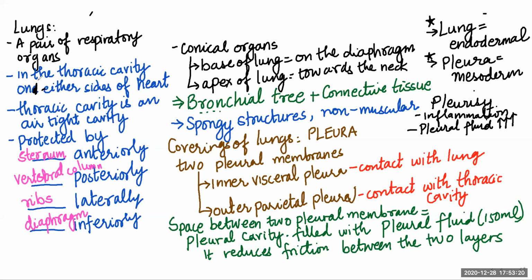It is surrounded by an inner visceral layer and an outer parietal layer, and the space between them is called the pleural cavity, which has fluid that reduces friction between the two layers. All right. Okay, moving on.